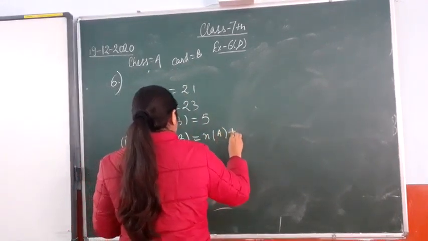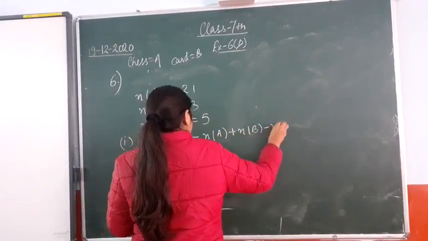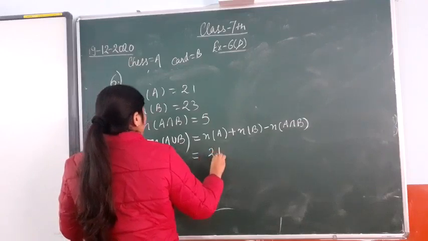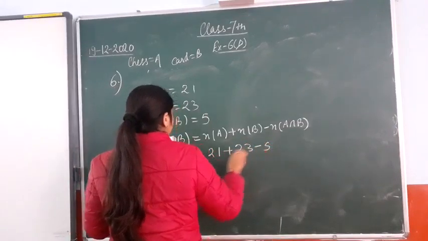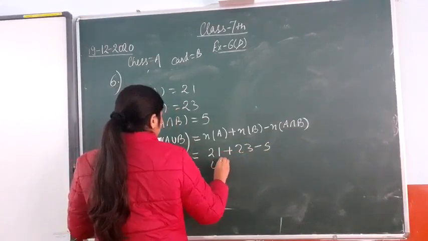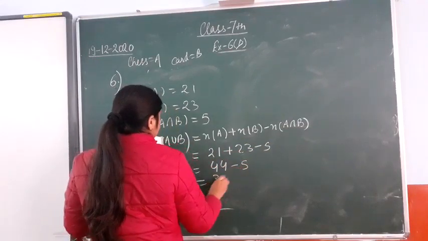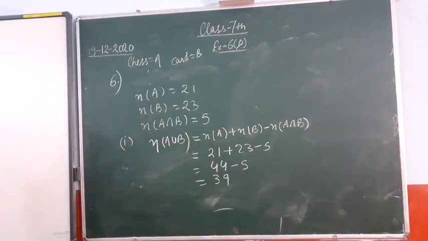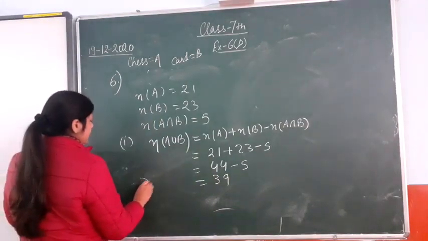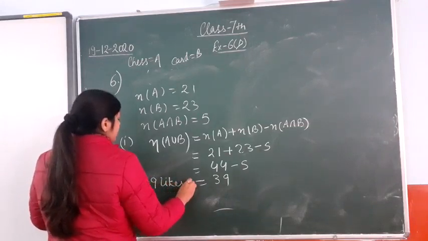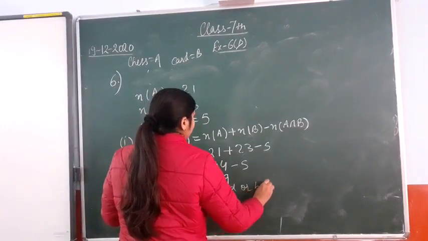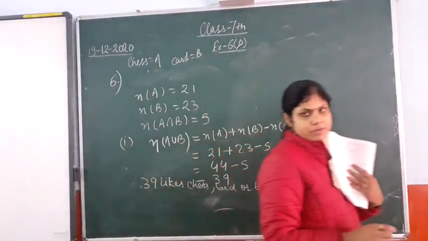So n(A) plus n(B) minus n(A intersection B). n(A) is how much? 21 plus 23 minus 5. It's coming as 39. So I got n(A union B). We got 39 who like chess, cards or both. Okay, we got A union B from here.